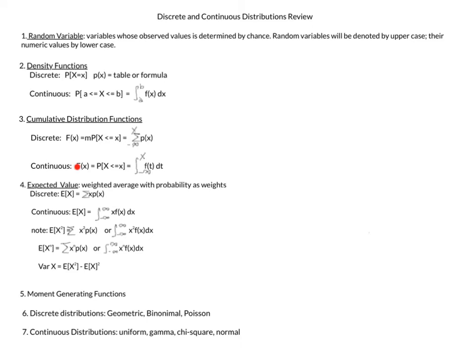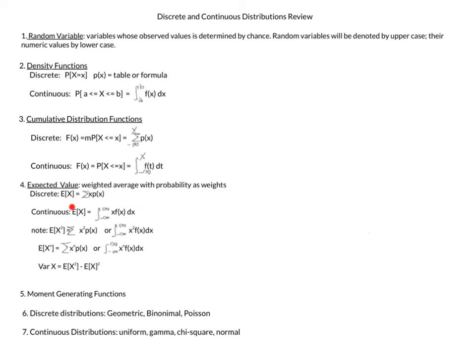Now we are ready to talk about expected value. And the thing you want to remember about expected value is that it is a weighted average, much like your grade is. So we sum up all your grades, and we multiply your grades times the weight. So if it's a test, it might be weighed more than if it's a homework example. So in this case, we're going to sum up all the values that x can take, and we're going to weigh it by its probability.